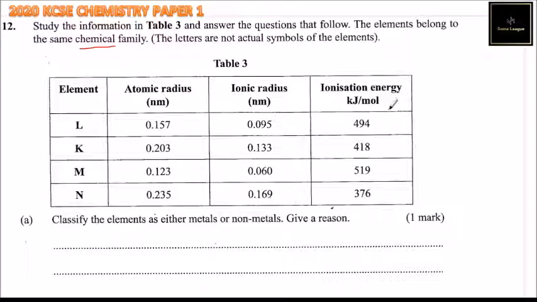Ionization energy, kilojoules per mole. We have 494, 418, 419, 476. The ionization energy is the energy required to remove an electron of an atom in gaseous state. So that is the ionization energy.